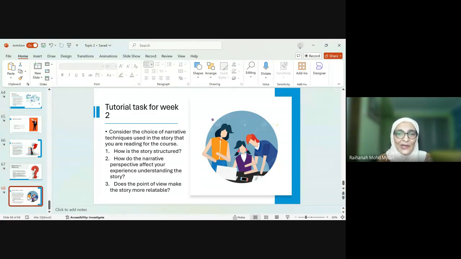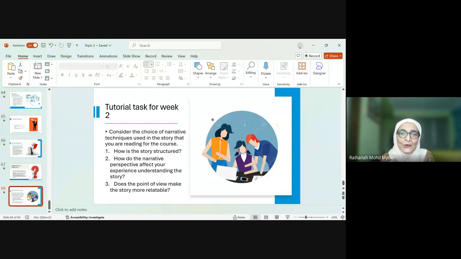How is the story structured? Think back to the beginning, when I talked about the different types of structure in storytelling: chronology, compare, contrast, cause, effect, a linear fashion. How is the story that you're reading structured?